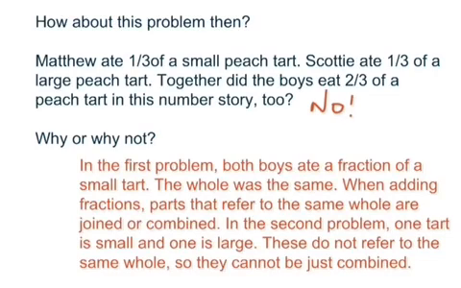But in the second problem, one tart is small and one is large, and they don't refer, therefore, to that same whole, so they can't just be combined. I couldn't put two pieces that aren't the same size together and make them the same size, right? So that's something I just want you to keep in the back of your mind.